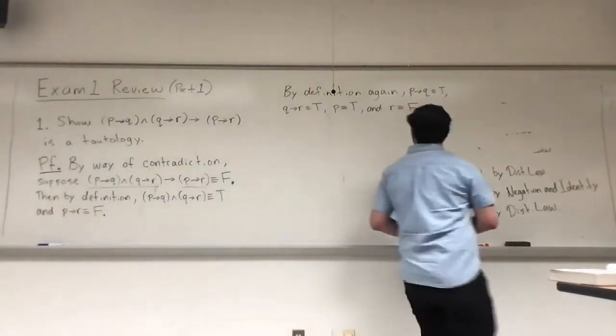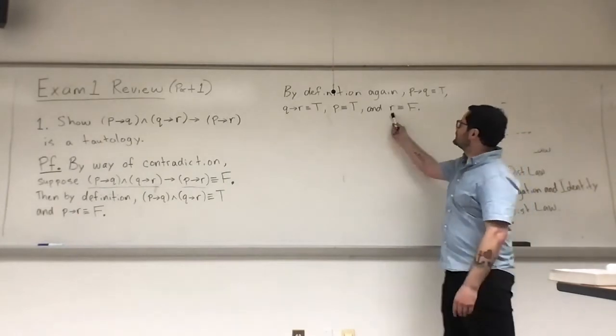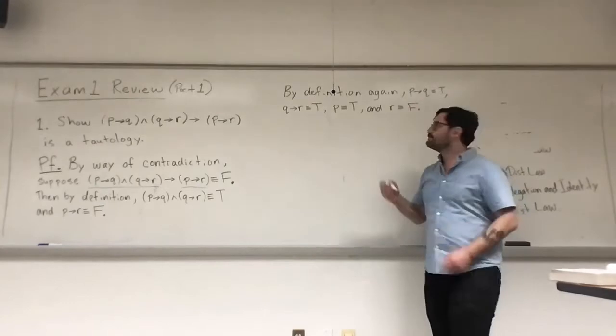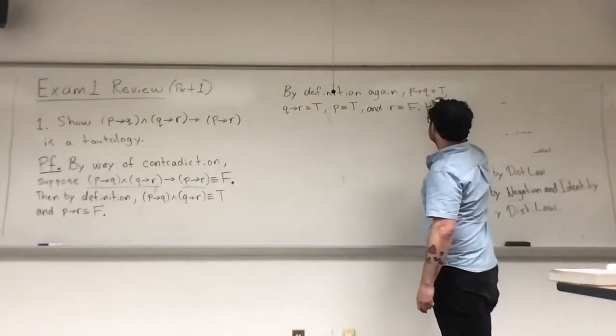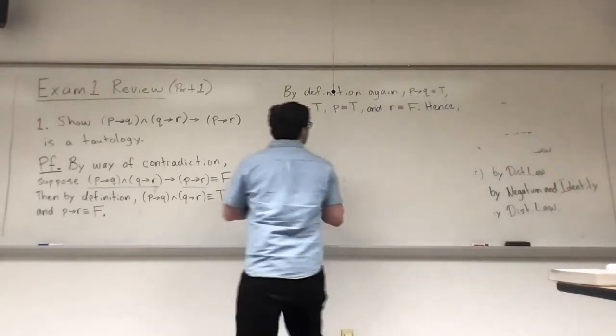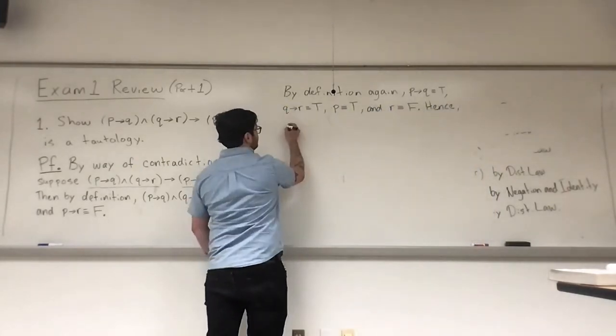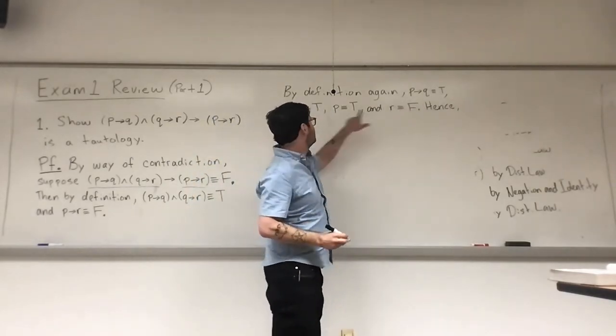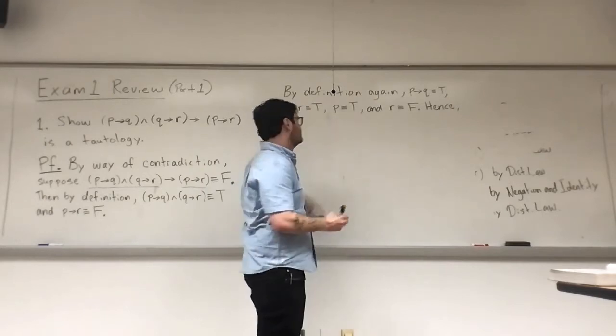Because we know the value of P and because we know the value of R, we can just plug in there and there. So hence, maybe, we have true. I'm looking at this guy, P implies Q. I'm replacing P by what it is. It must be true, right?